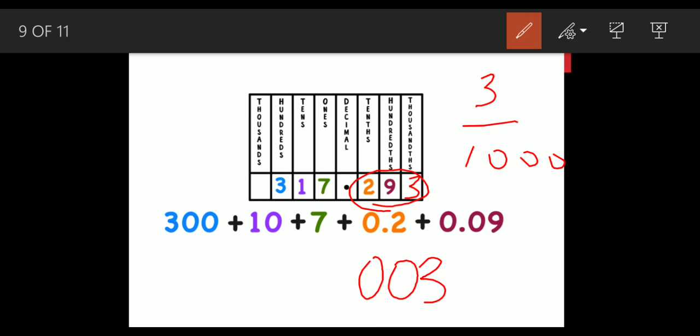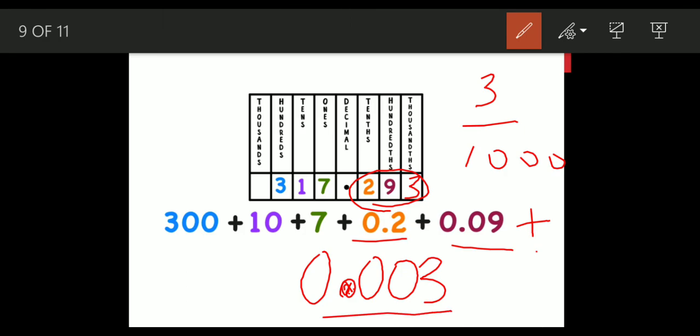So this is why we put 0 before the number. Now keep the point, and then put a 0, so 0.003. So 10th, 100th, 1000th. Clear?